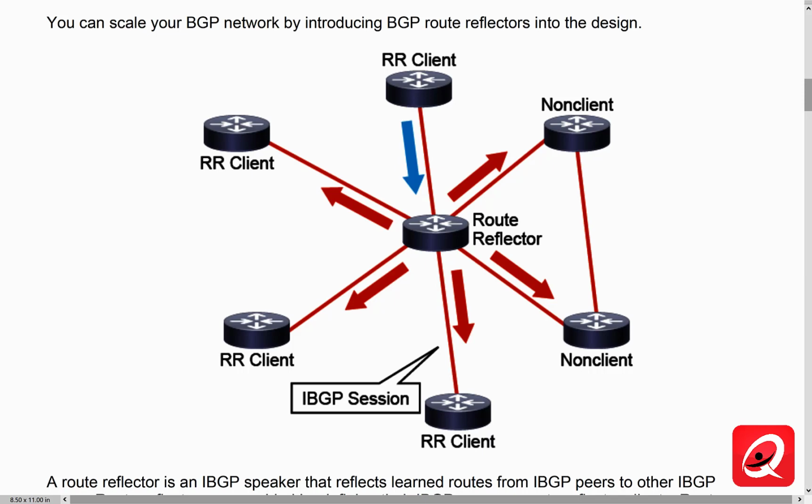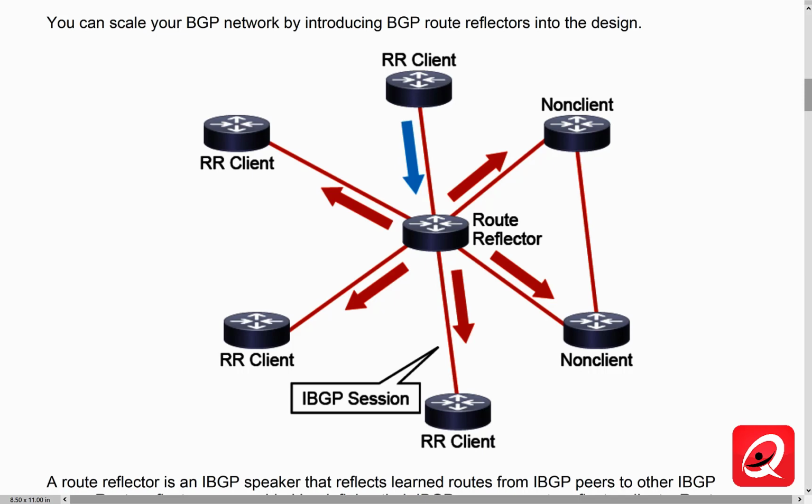I mean, ultimately, when it comes to route reflection, this is a scalable way of disseminating that external routing information throughout the AS. Some BGP routers in the AS, like I said, would get designated as route reflectors.